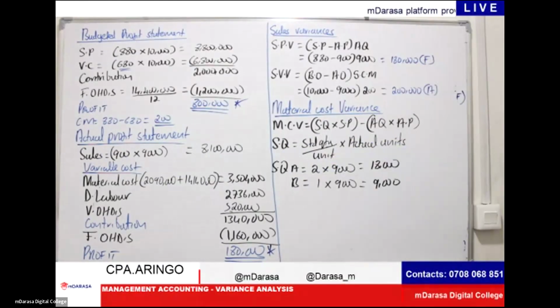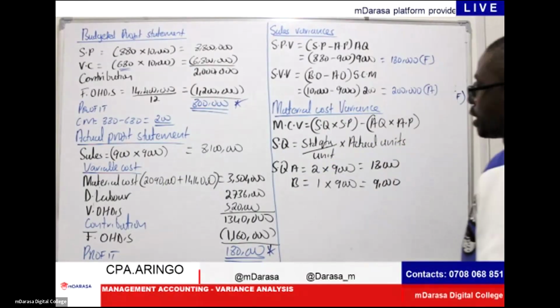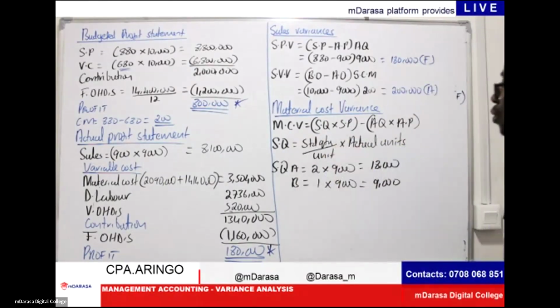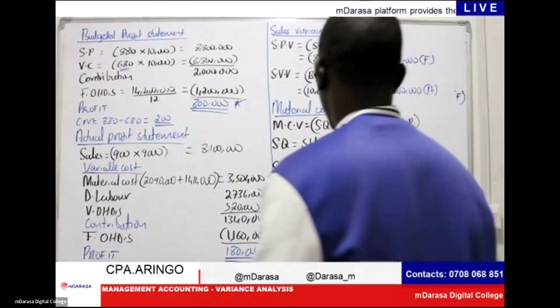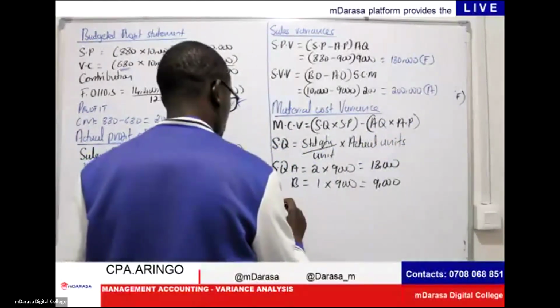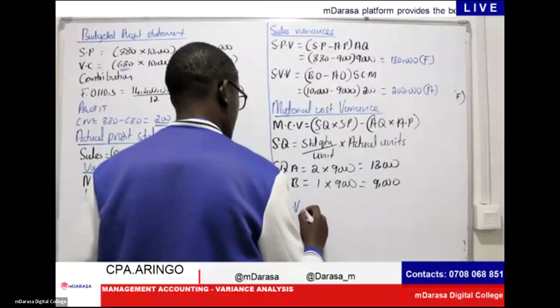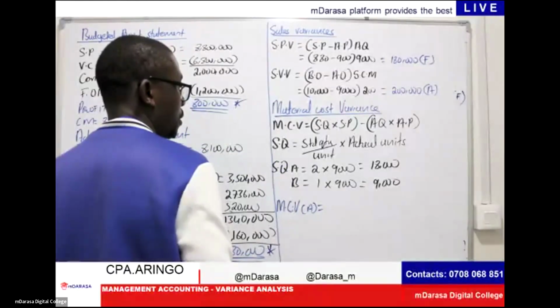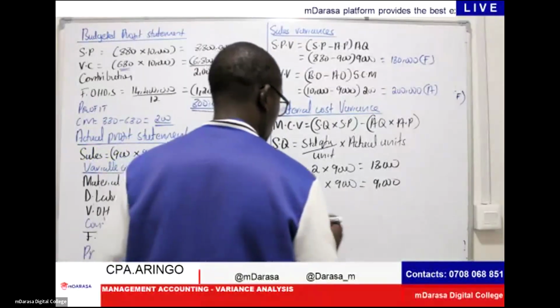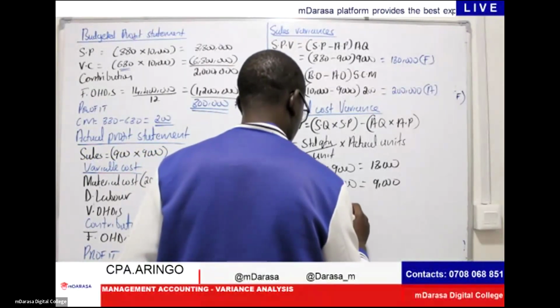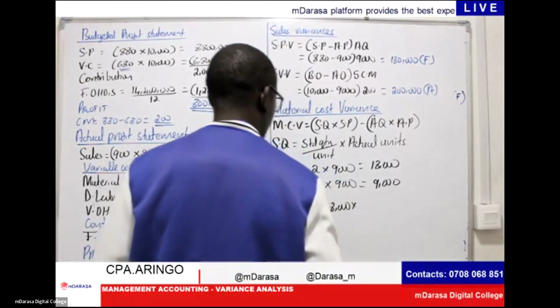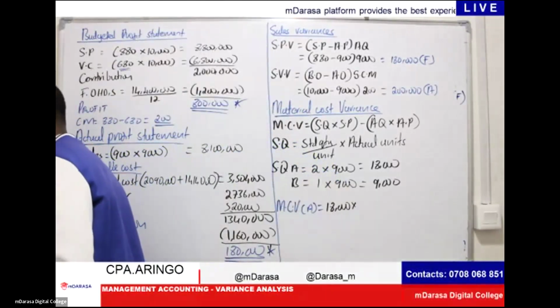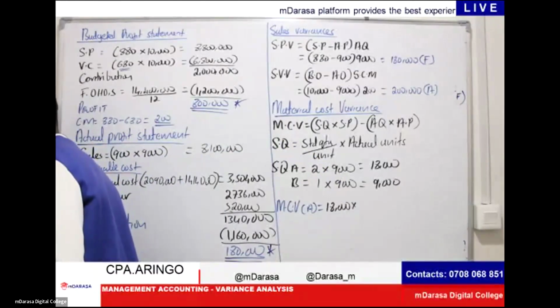Okay? So once we have that in mind, the next item is to work out our cost variance directly. We start with material cost variance for A. We have our SQ, 18,000, multiplied by the standard price per unit as given by the examiner.